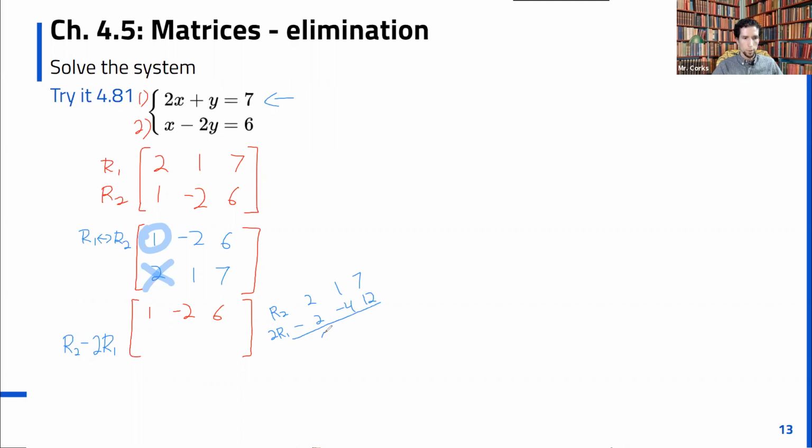So that will turn into a 0. That's what we want. We want a 0 in this position, but again, it's always good to verify that you do actually get those zeros to make sure you're doing the right operation. And then the rest here, 1 minus -4, that's a 5, and 7 minus 12, that's a -5.